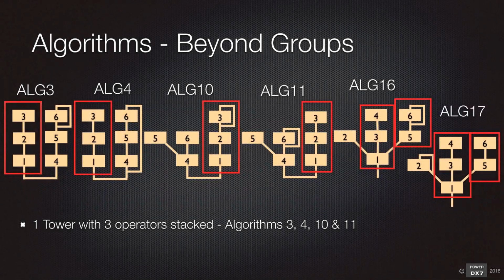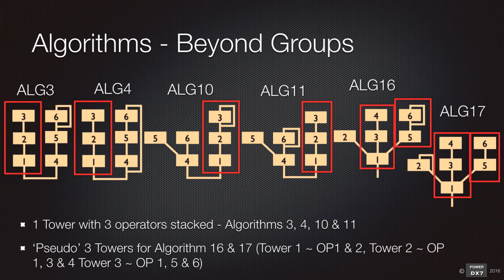Those algorithms include one tower with 3 operators stacked on top of one another. For algorithms 3, 4, 10, and 11, they all have operators 1, 2, and 3 stacked. A minor difference is the location of the feedback loop.